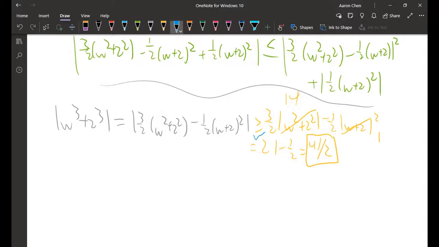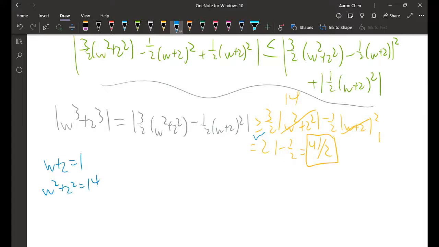And so if you remember the equality case, that just means that w plus z and w squared plus z squared are in the same direction. So one possible special case of this would be if w plus z is equal to 1 and w squared plus z squared is equal to 14.